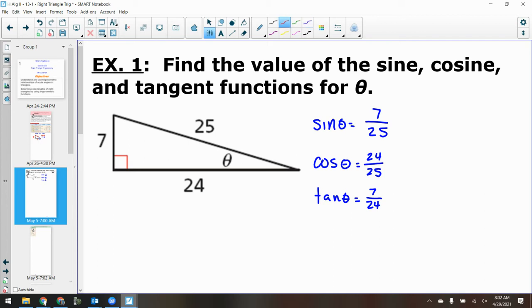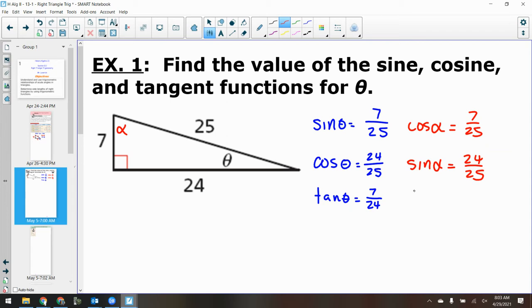What if I had called this alpha? What's sine of alpha? 24 over 25. What's cosine alpha? What's unique about this?